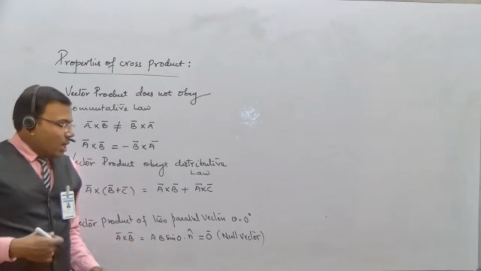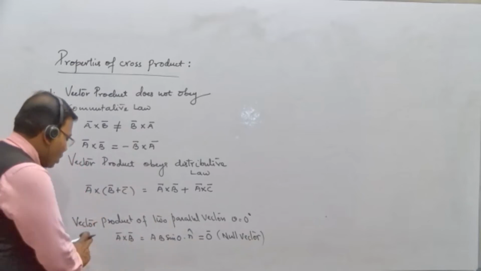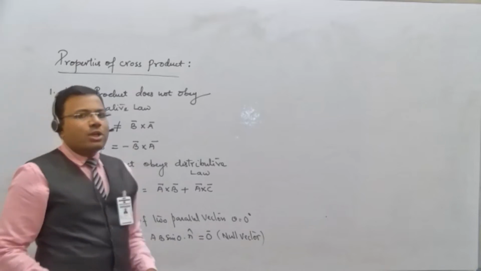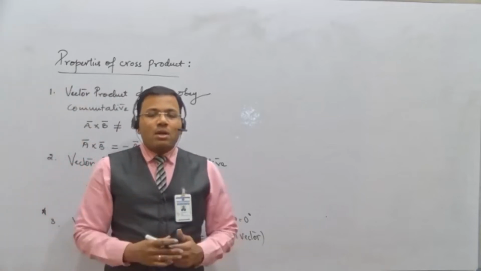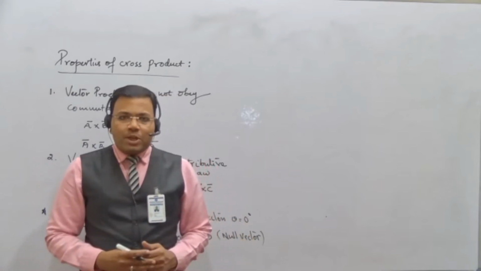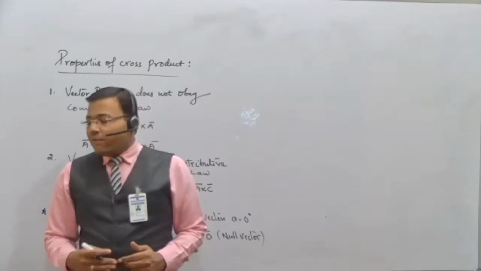So this is one thing. This property is very important. If in the question they say that two vectors are parallel, then some unknown variables will be mentioned in it. So how do we proceed?